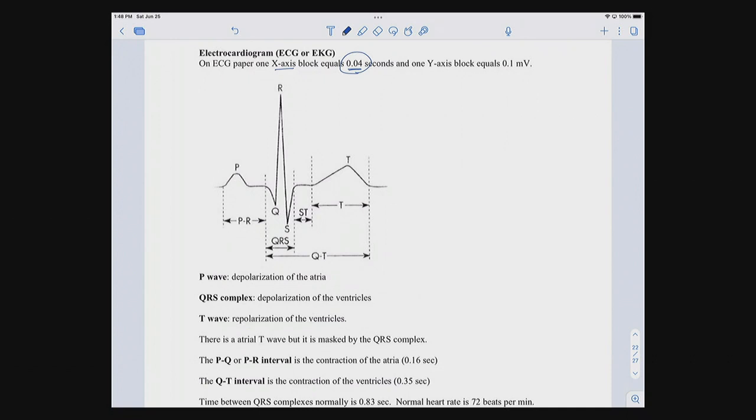And then on the y-axis, one block equals about 1/10 of a millivolt. Again, that is a number I want you to know. So I want you to have a sense of scale when you're looking at an ECG paper and at the little boxes: the x-axis is time, and the y-axis is potential change.